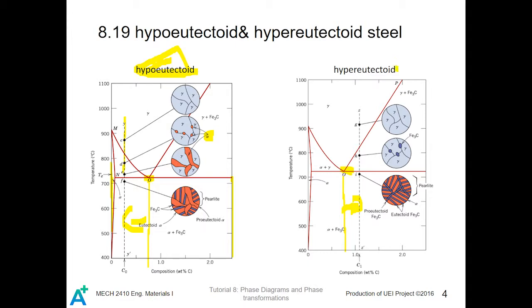For hypereutectoid steel, the argument is also similar, but this time primary Fe3C will form first, and it will go along the original boundary, and afterwards the pearlite will form.